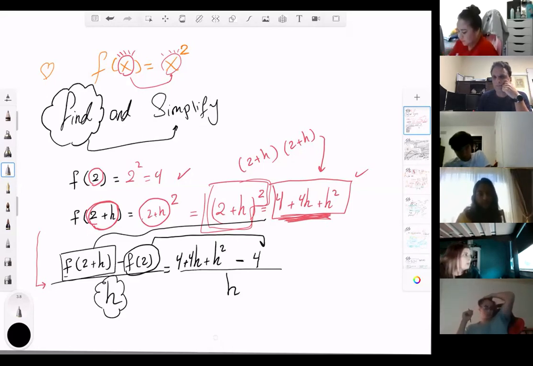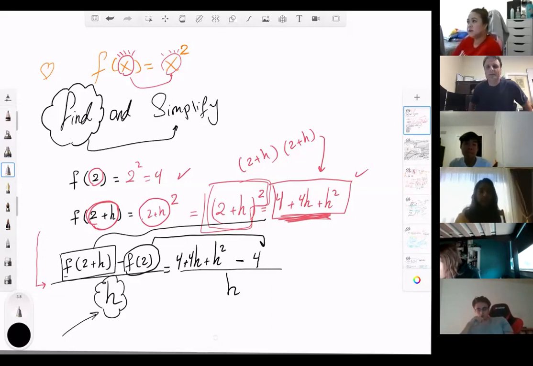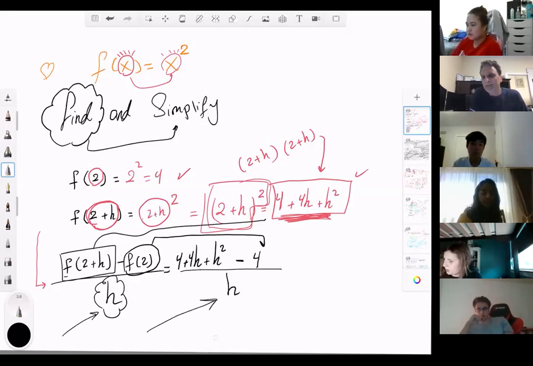For a question like this, anytime you see the h here, you should be able to differentiate it. You will see this type of question a lot. Anytime you see this, somehow you need to cancel this h. You cannot just say you're done. No, the h in the denominator should go away. Don't erase it, but algebraically it should go away.